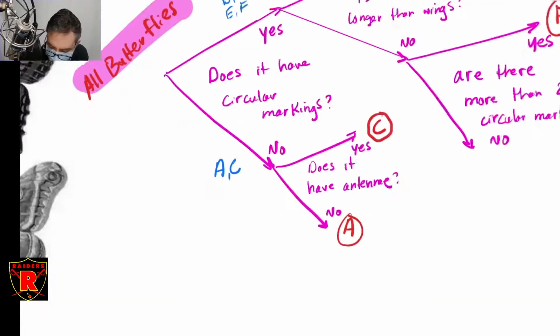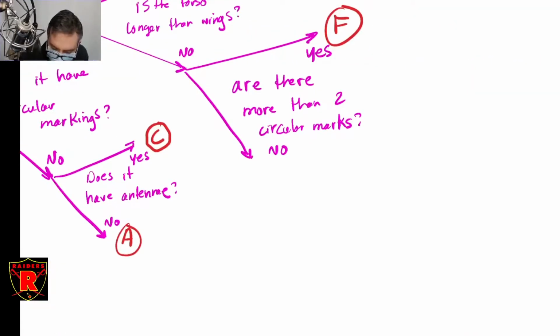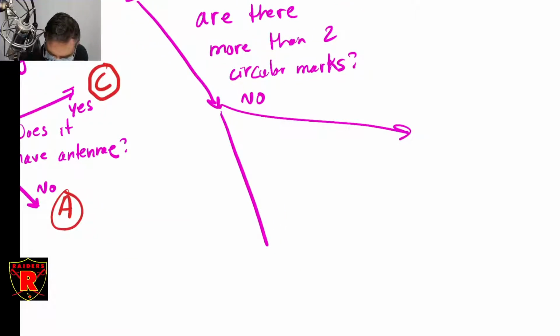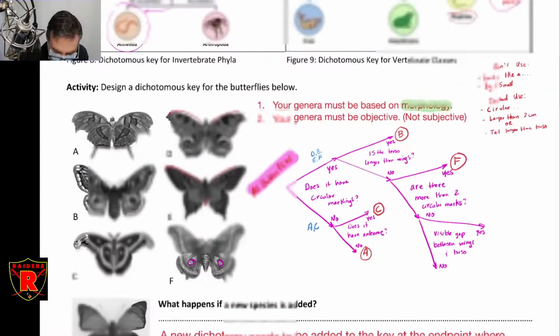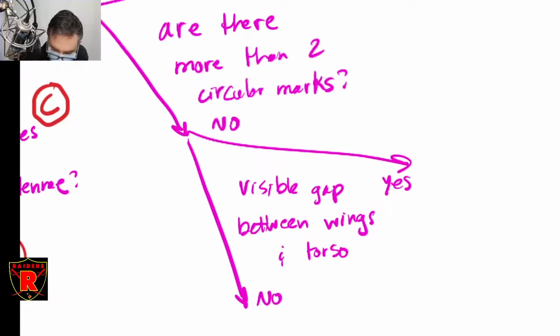So I'm going to modify it just slightly and say: visible gap between wings and torso? Yes, there is. No, there isn't. So yes, there is E.